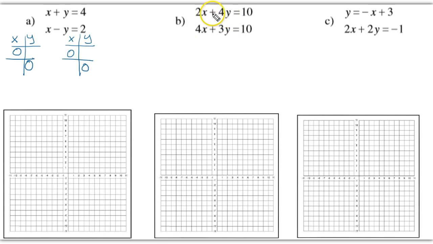So we may have to solve these for y so that when we plot them, it'll be a little easier. Now here, this is in slope-intercept. This is in standard form, so we could plot it directly from this. This one we may have to solve for y. All right, we'll give you some time to work on this.